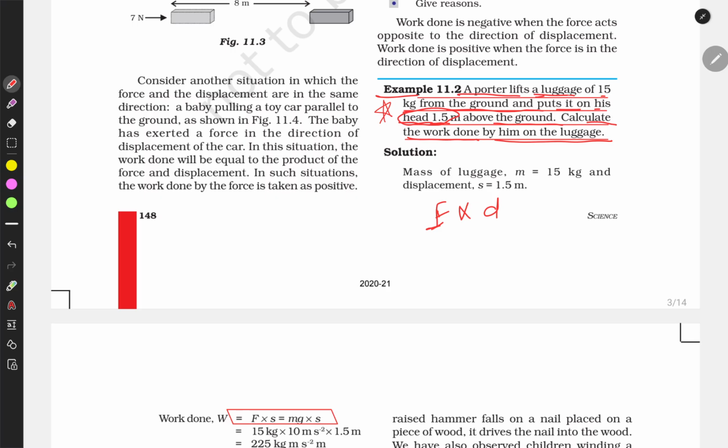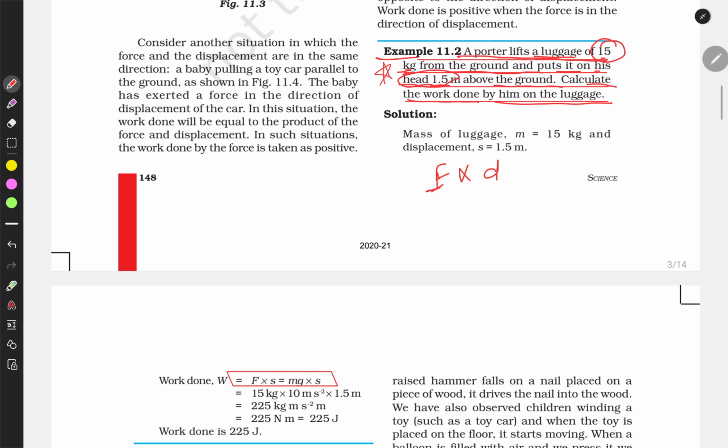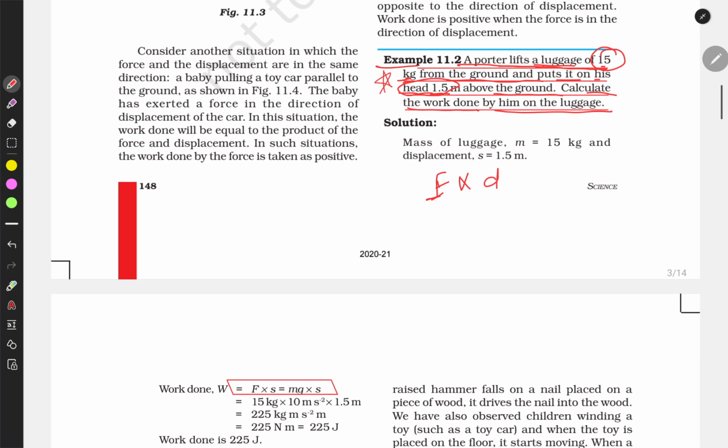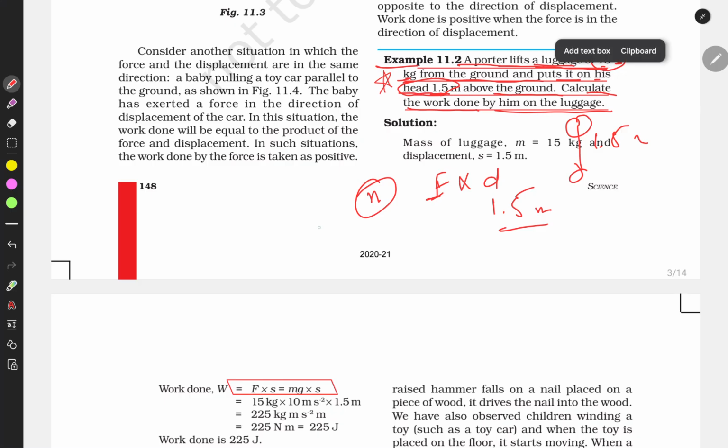We have the luggage of 15 kg, and the displacement of the luggage is 1.5 meter. We don't have the force in Newton here, so we have only the mass, and the force is the weight.